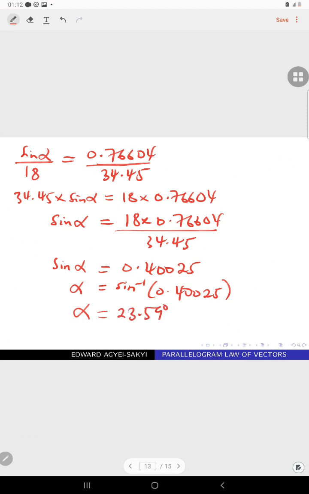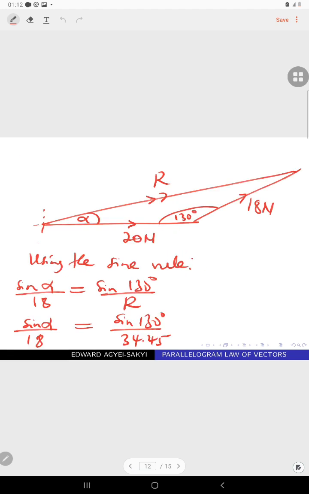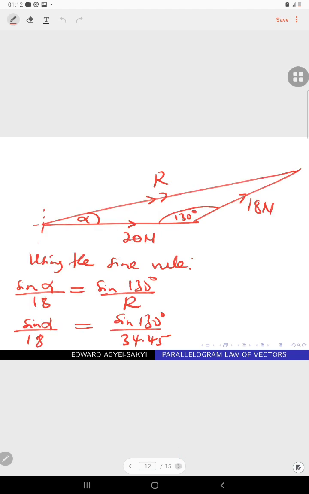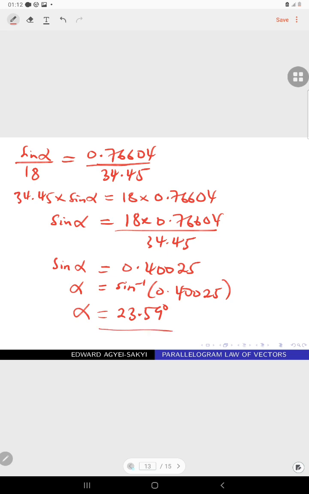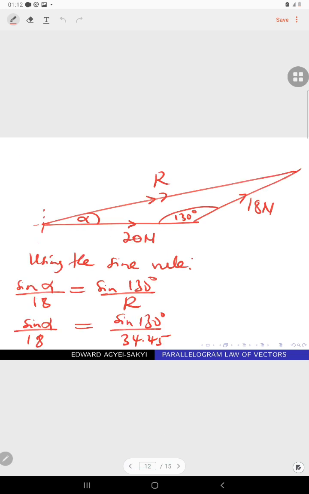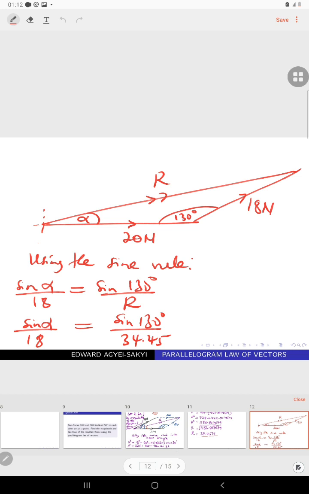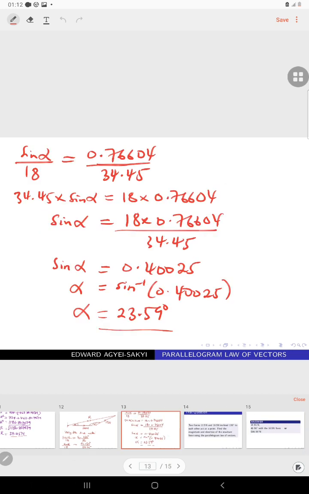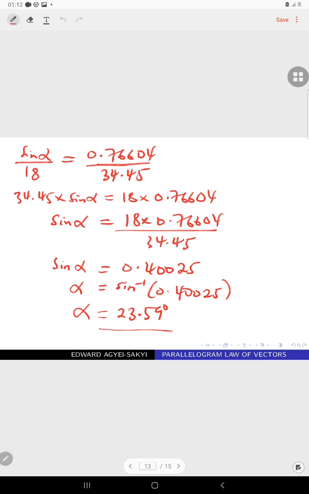23.59 degrees to 2 decimal places. So how do I draw my conclusion? The magnitude gave me this and the direction gave me this. But don't forget, the direction according to the diagram is with the 20 newton force, so you must conclude properly. So my space is full. Let me conclude here.